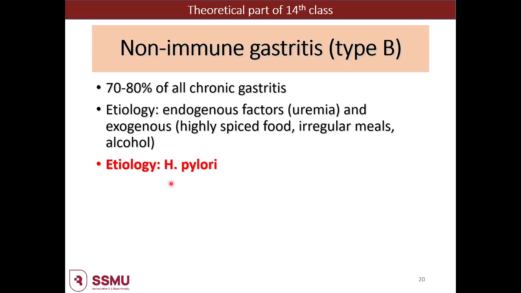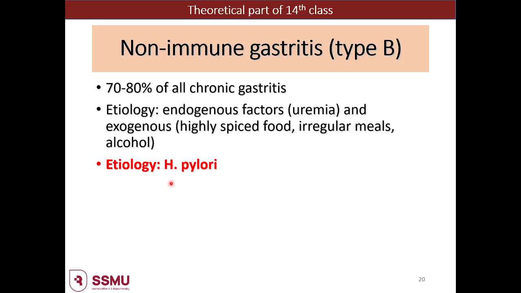Non-immune gastritis, or gastritis type B, is the most common type of gastritis, and if you have chronic gastritis, most of all it should be type B. Etiology is different.